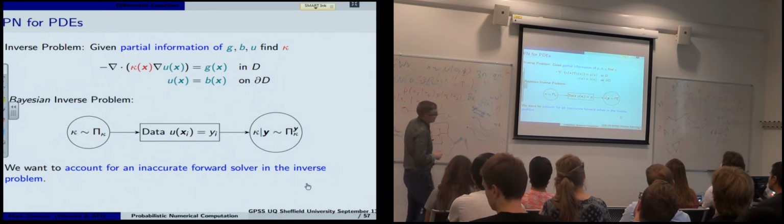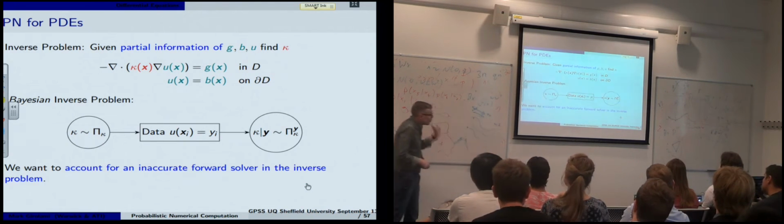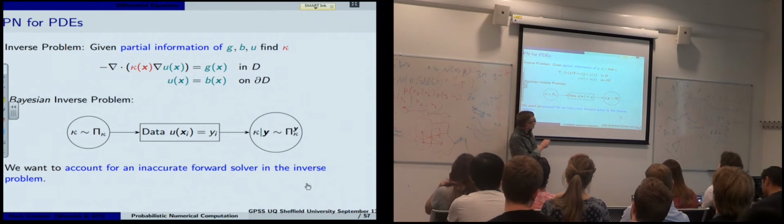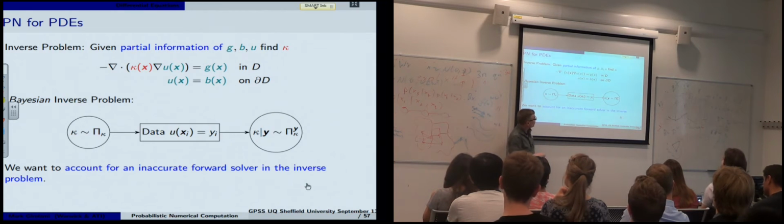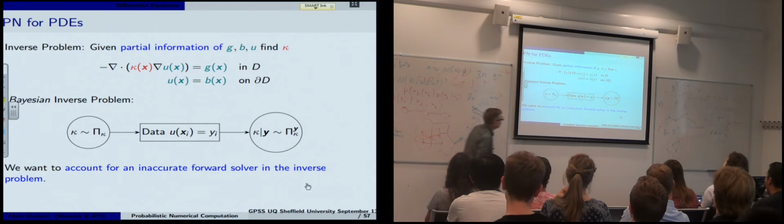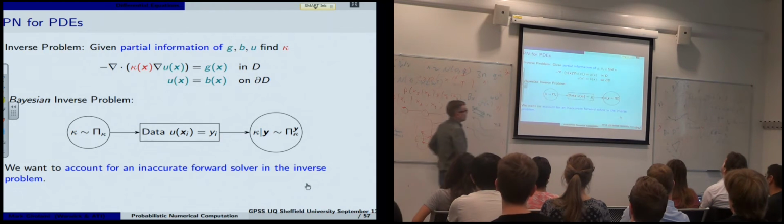Now, remember, we're uncertain about u. So we need to account for the fact that we don't have the actual value of u in our computation here. We've actually got an inaccurate representation of u, so we want to account for that in our Bayesian problem.